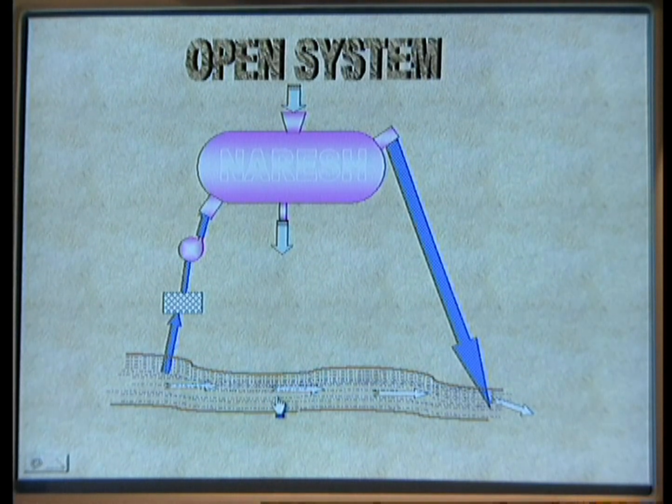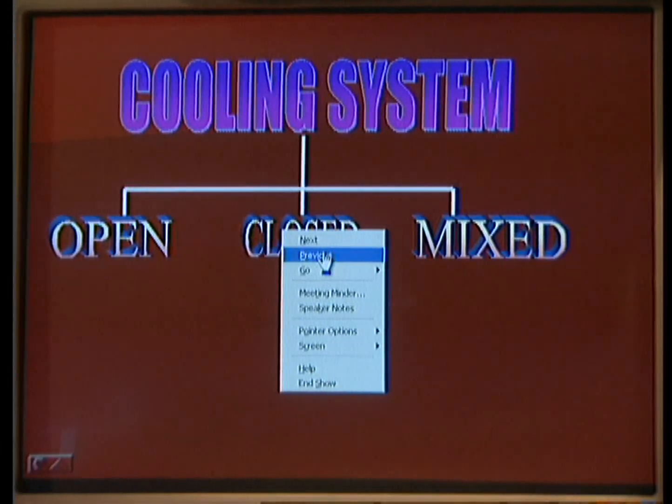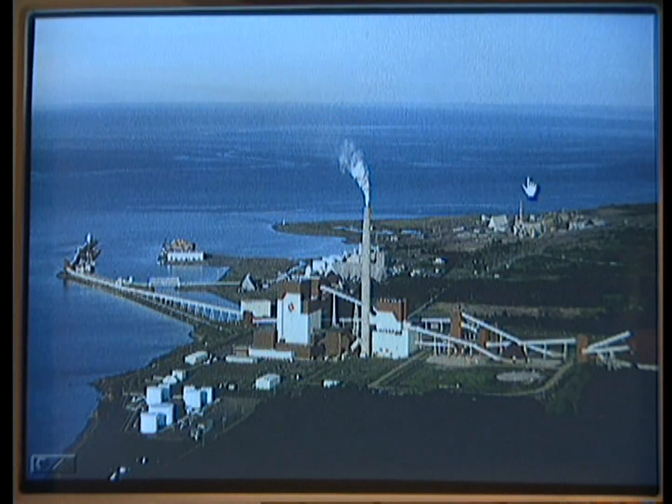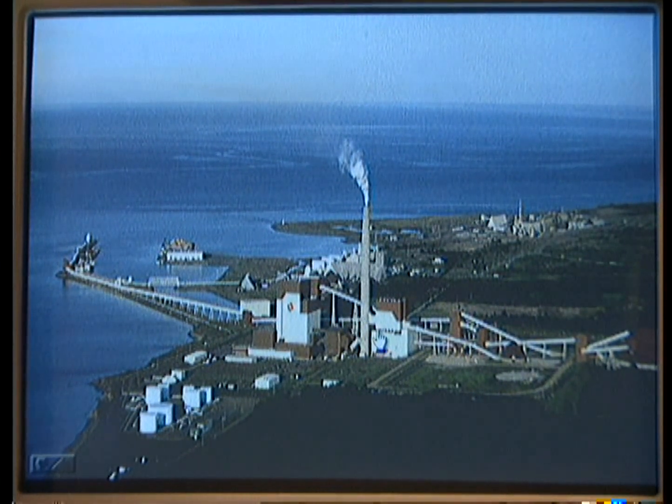For example, you can see the practical example of this. You see there is a lot of water available, no need of cooling towers here. This power station just takes the water from one side and after condensation releases it on the other side. This is the example for the open system.